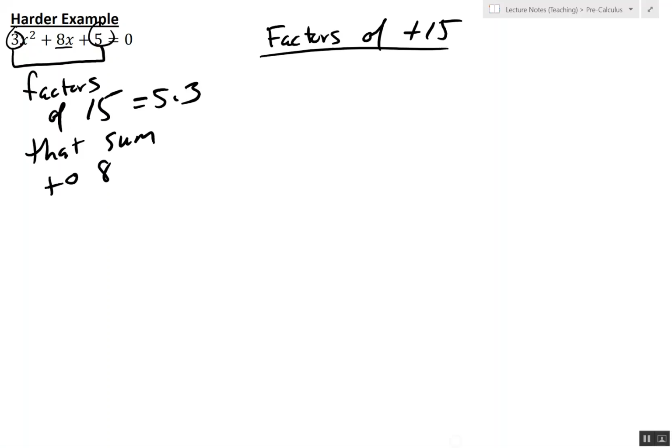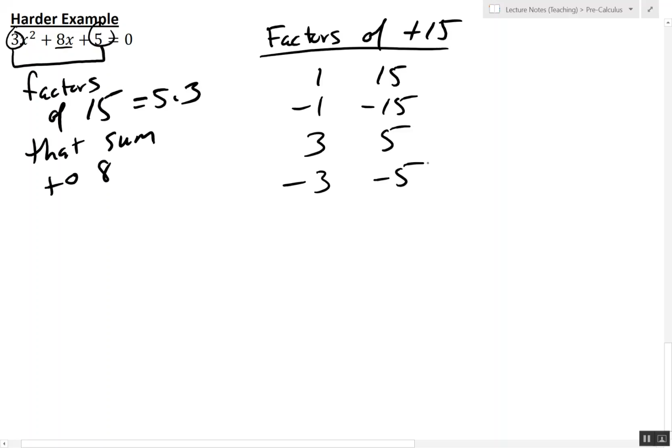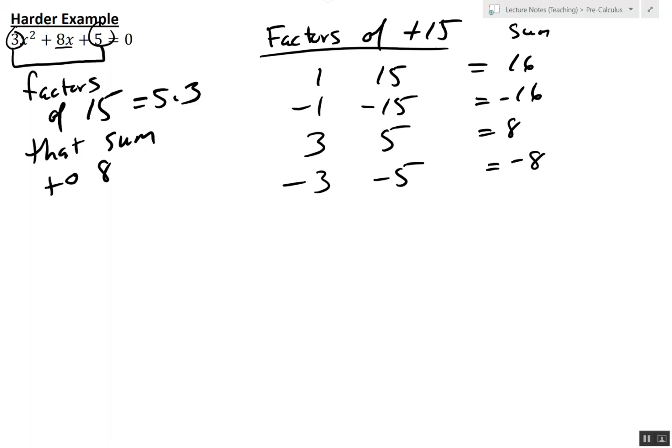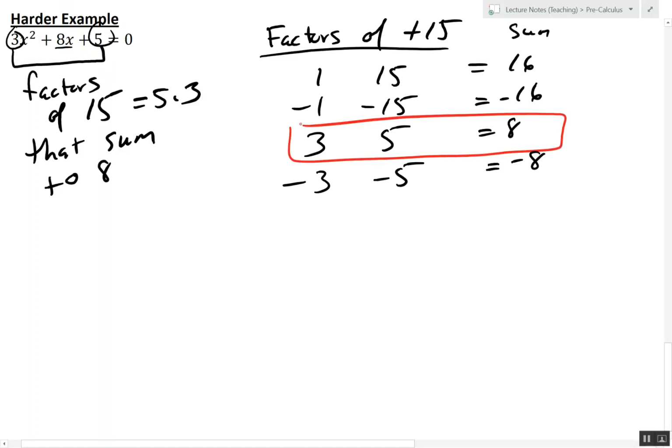So we're going to actually have to look at 1 and 15, negative 1 and negative 15. 2 doesn't go into it, but we have 3 and 5, negative 3 and negative 5, and that's it. So this sums to 16, this sums to negative 16, this sums to 8, and this sums to negative 8. So we want these two as our factors.